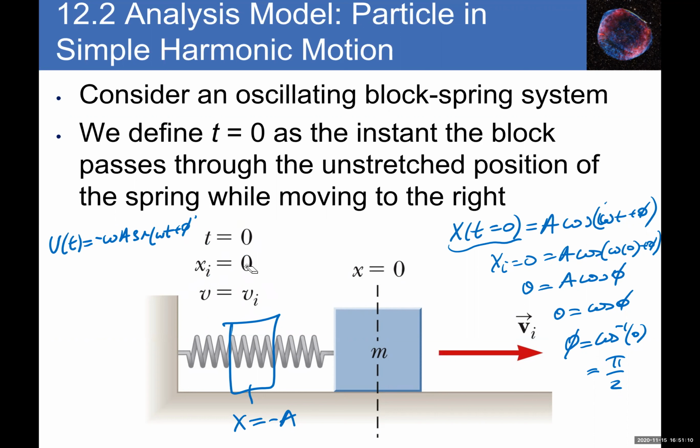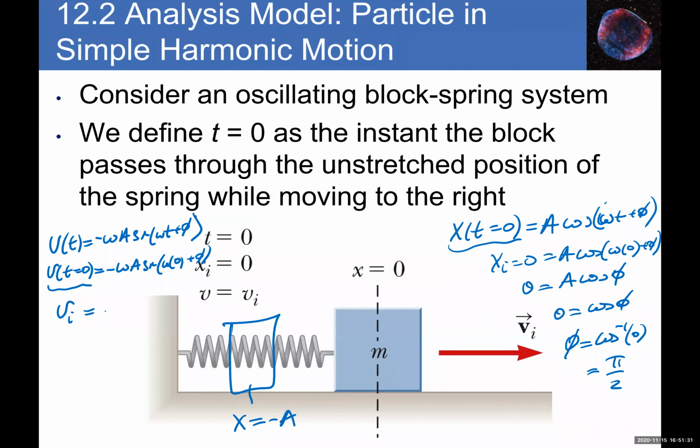Now I'm saying, this is v when t equals 0, which equals negative omega a sine of omega times 0 plus phi. This is my initial velocity, v initial, positive.